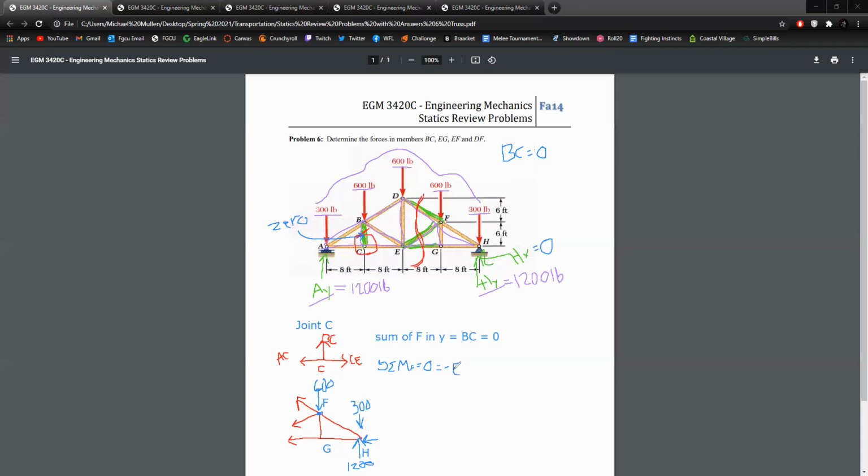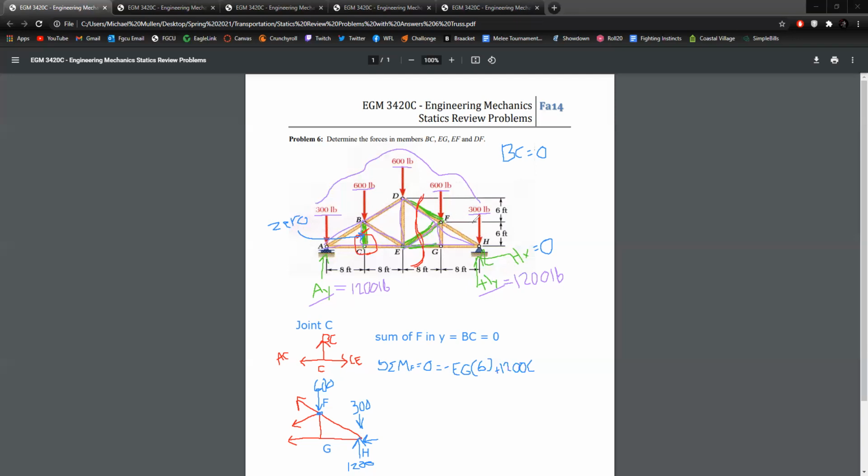minus EG times the distance from EG to F, which is going to be our 6 feet. Once again, counterclockwise about F, we're saying is positive, so we're going to have plus 1200 times the distance from H to F, so that's going to be 8 feet as H goes up like this.